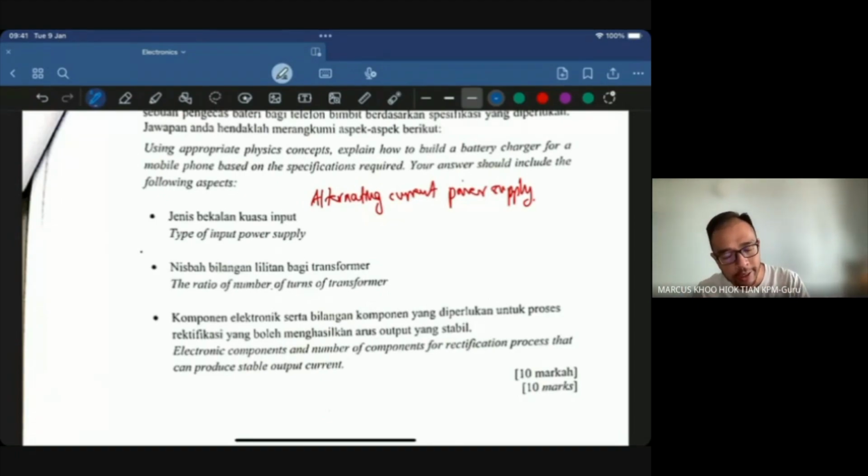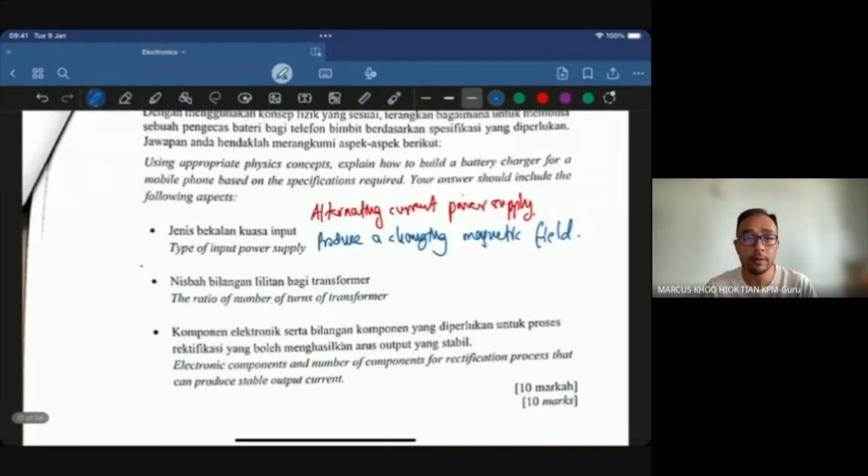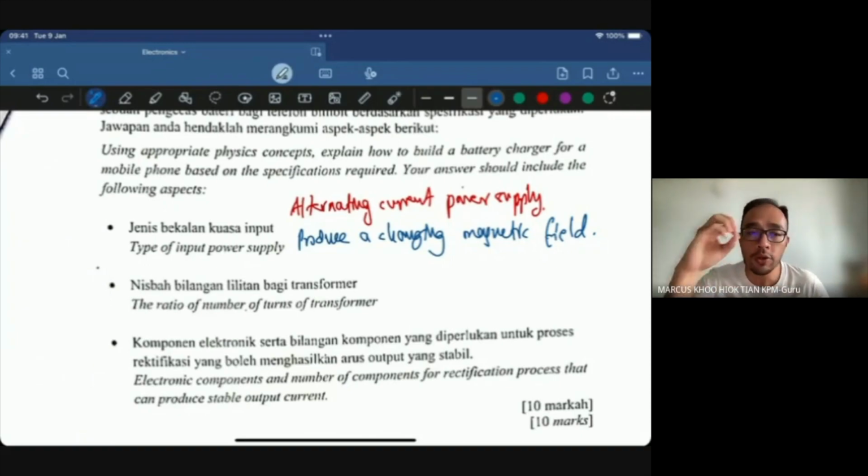Either way, if the question is talking about an alternating current power supply, which most likely it will be, the reason for this is to produce a changing magnetic field. The biggest reason you would choose the alternating current power supply is because it can have a changing magnetic field.